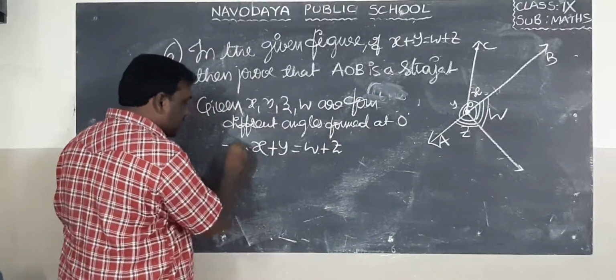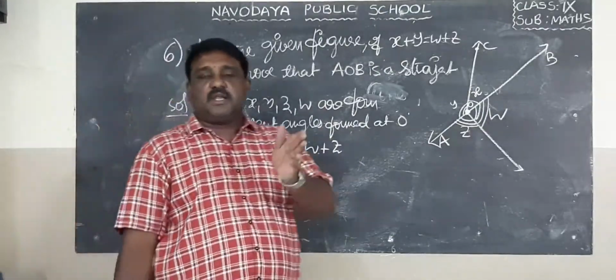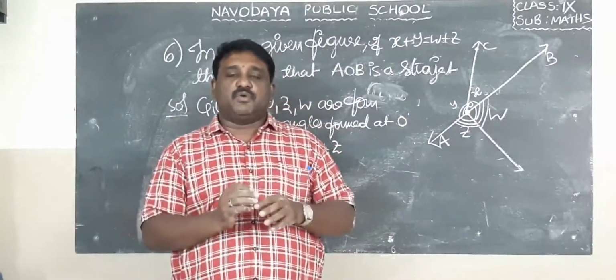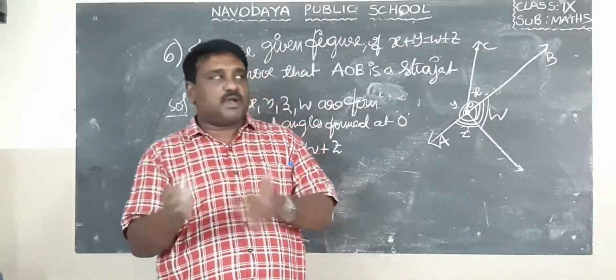This is the information given. We have to prove that AB is a straight line. Means it is enough to prove that angle on a straight line is 180 degrees.